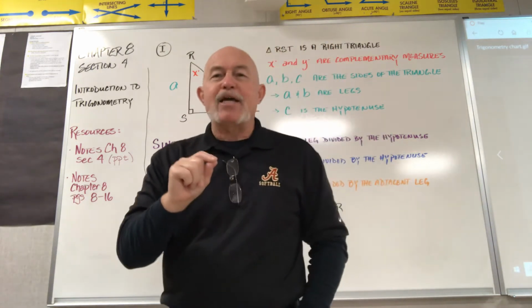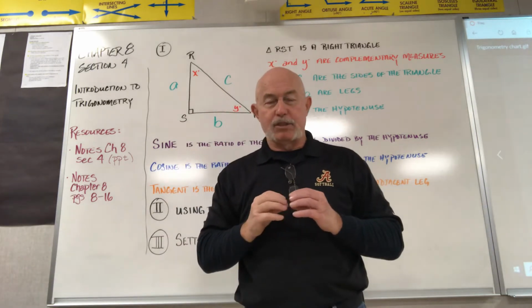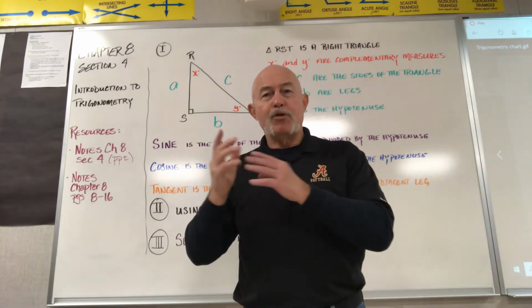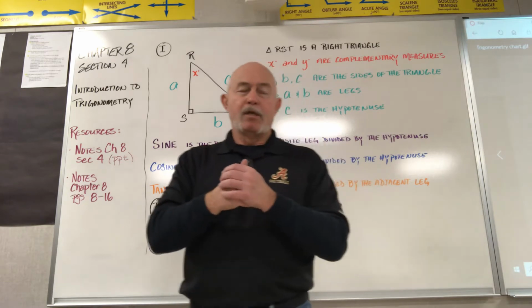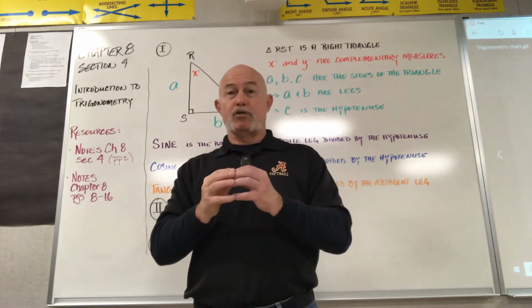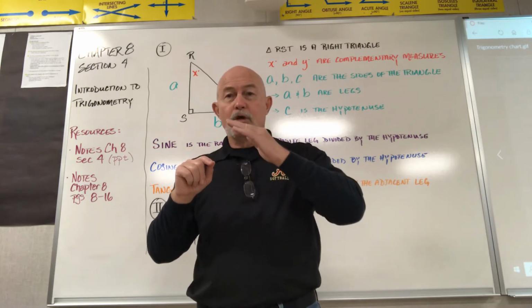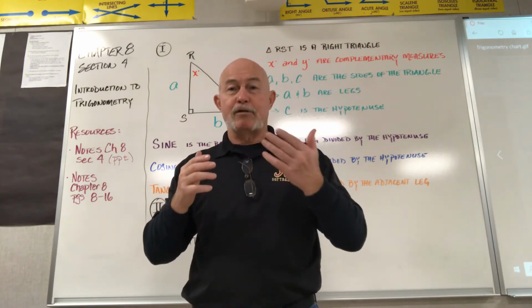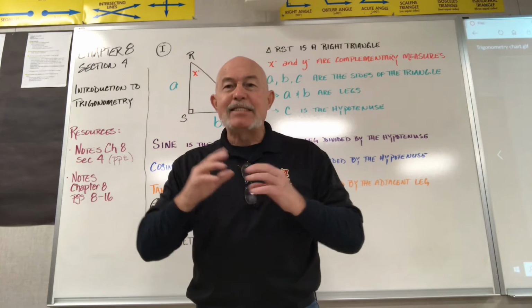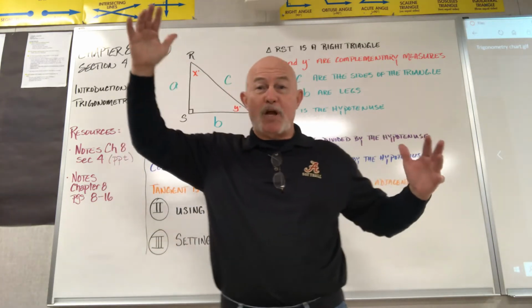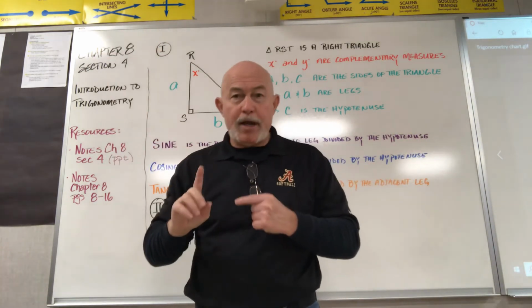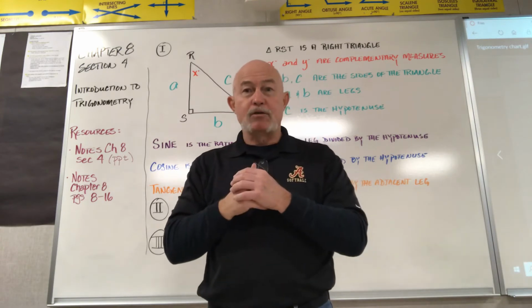And it goes back to similar triangles. Remember the ratio I showed you the last lecture on special right triangles. 45, 45, 90. The legs are equal. The hypotenuse is multiplied by radical 2. It doesn't matter how large that triangle is. It can be 1, 1, radical 2.